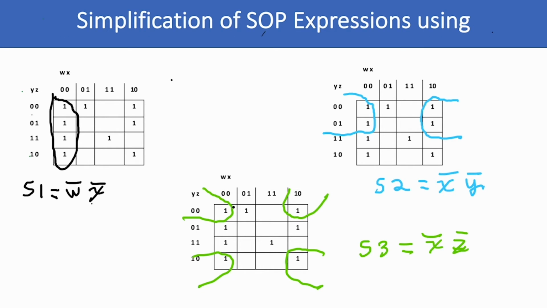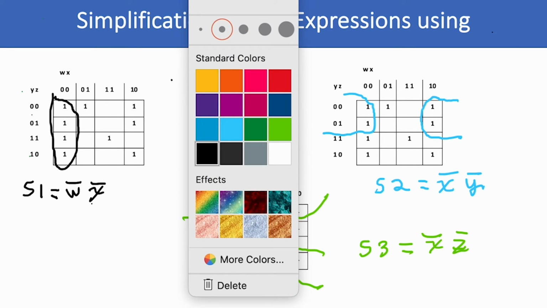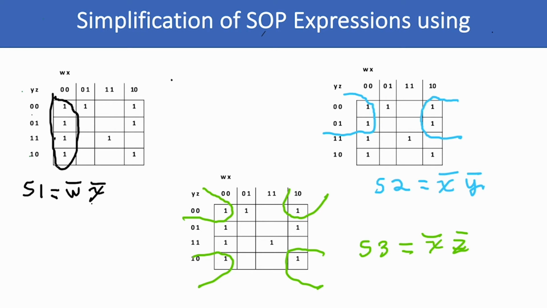Okay, so for the first cover, I can cover 4 with this particular covering right here, because there's 4 adjacent ones. Now, let's write the product term for this. We look at underneath the covering what variables changed.